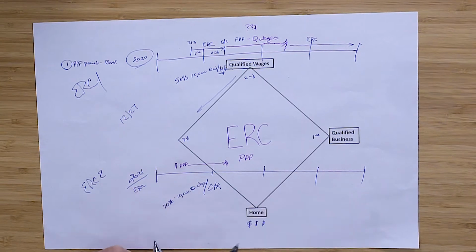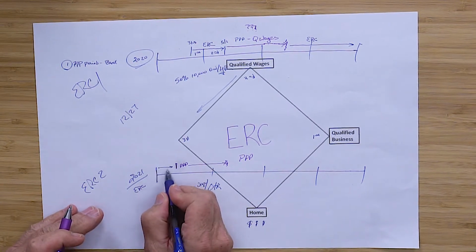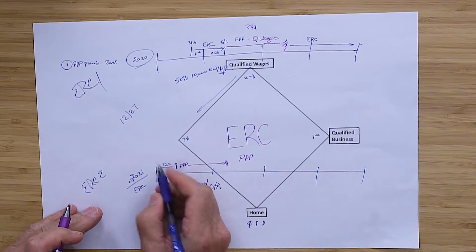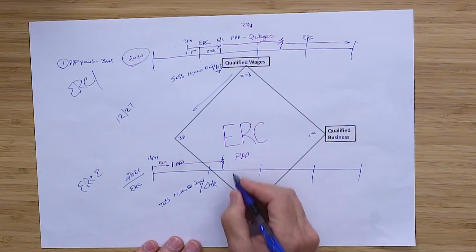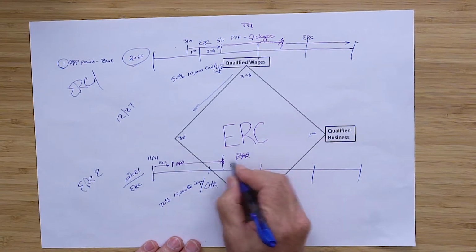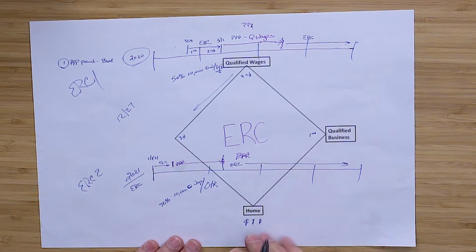And at some point in time, we go back to, and look at this, ERC from 1/1/21 till the day that we had the payroll deposit put in the bank account, or the day you start tracking to turn in to the bank for the debt forgiveness. And then when it stops here, we go back to ERC. This is PPP. We go ERC as long as we keep qualifying.